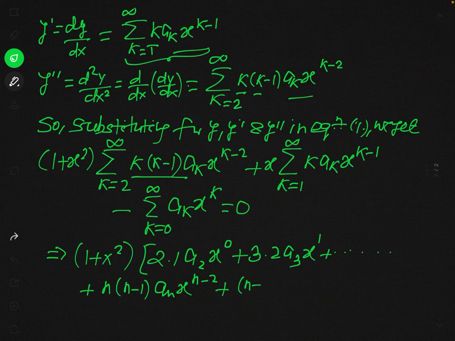So this will be n plus 1 into n into a n plus 1 into x to the power n minus 1, and plus, if we put k equal to n plus 2, then this will be n plus 2 into n plus 1 into x to the power n, and plus so on.